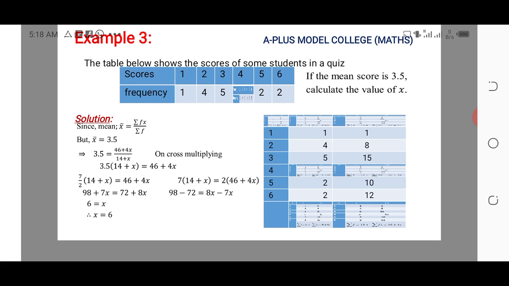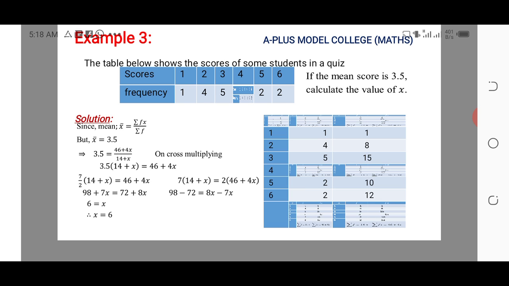The second column is the frequency, which comprises 1, 4, 5, x, 2, 2. The last column is the product fx, like I told you, which is the first two columns multiplied to give you the third column.